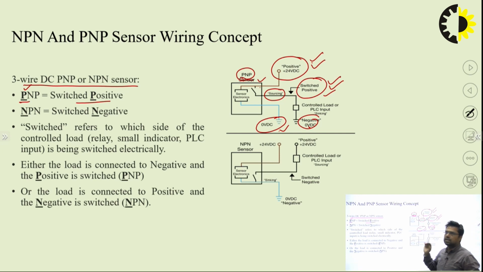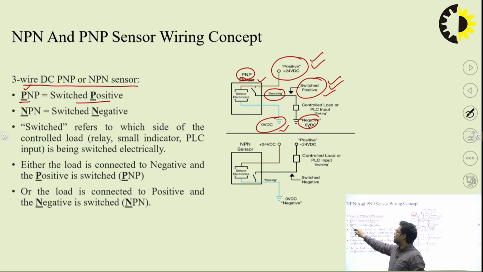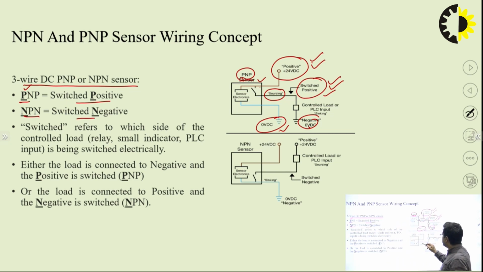In the other case, an NPN type of sensor is switched negative, so this is a sinking type of sensor, and the load or PLC should be of sourcing nature. So when this is sink, the load will be source; when this is source, the load will be sink.